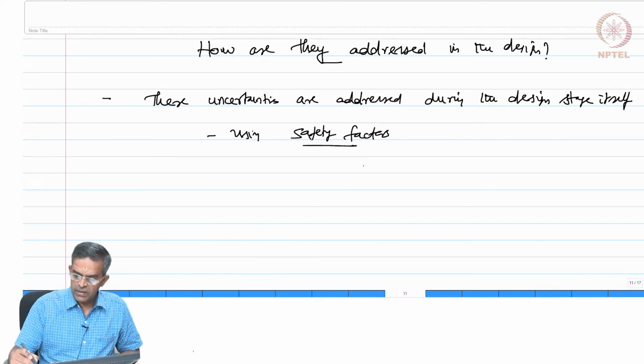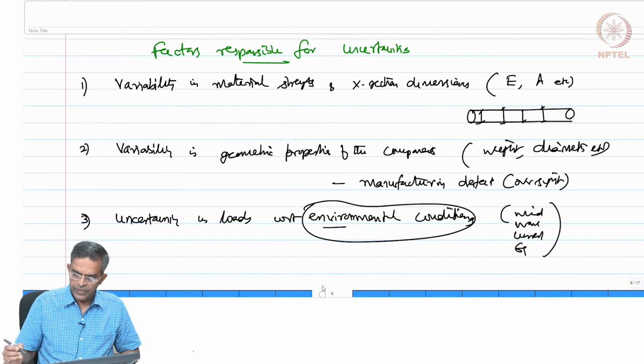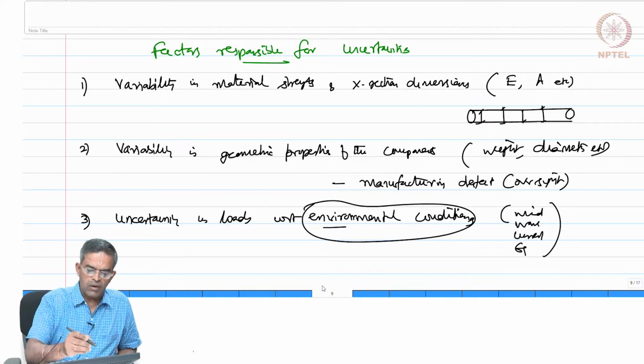There are safety factors separately for material and separately for loads, because some uncertainties come from the material. Let us talk about them.